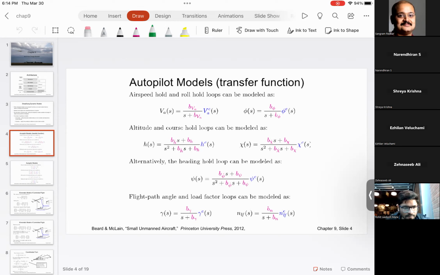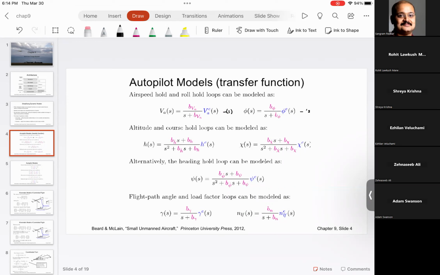So you have these equations. The first equation you see is for airspeed hold, to maintain constant airspeed.